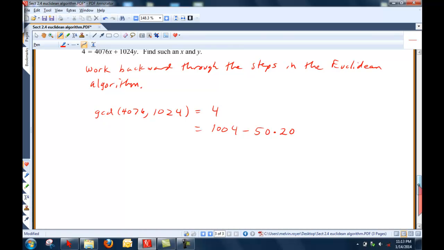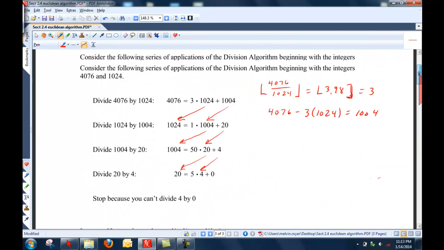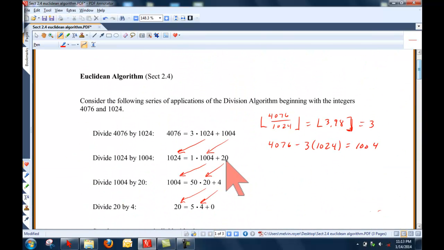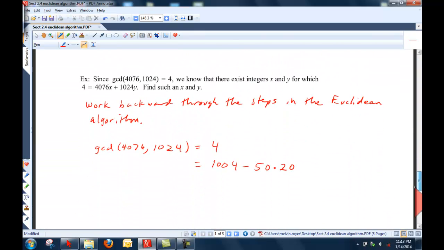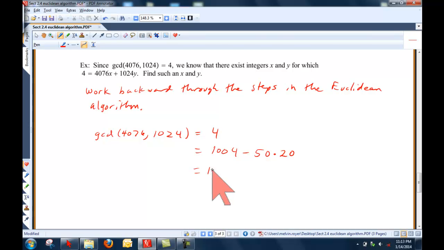And the line before that, I need to keep scrolling back and forth, the line before that shows us how to write 20 in terms of 1024 and 1004. Let's do that. So I'll recopy the 1004 for the moment, minus 50 times, and a way to write 20 is 1024 minus 1 times 1004.